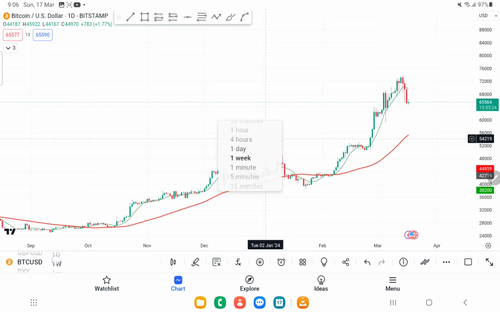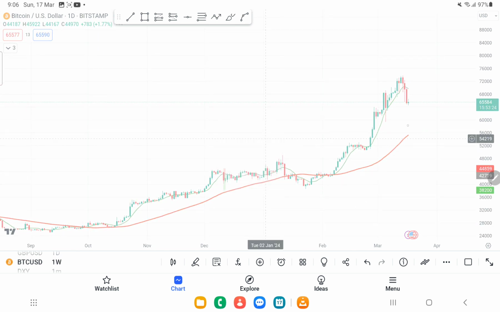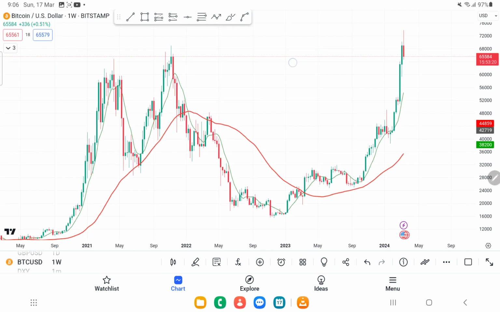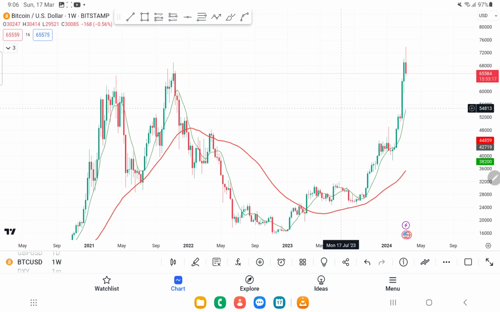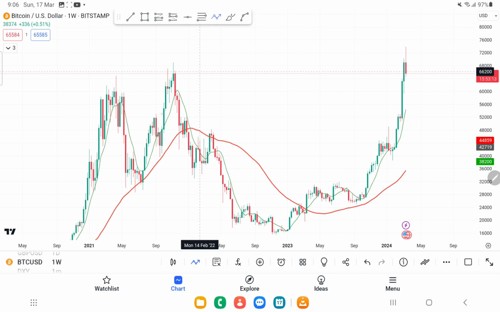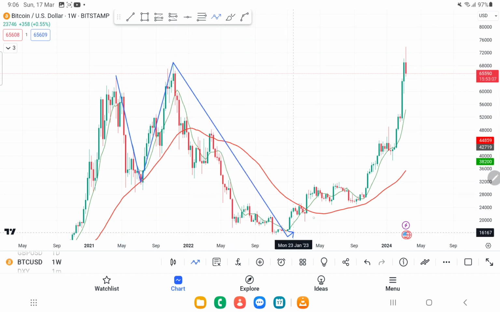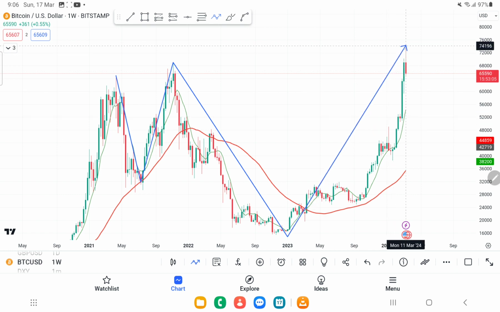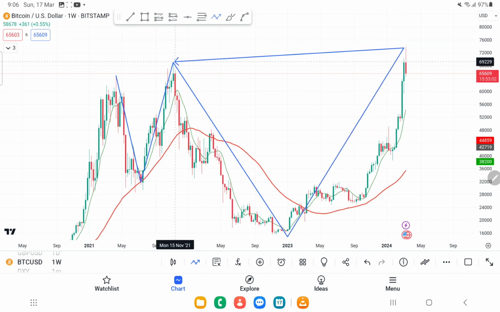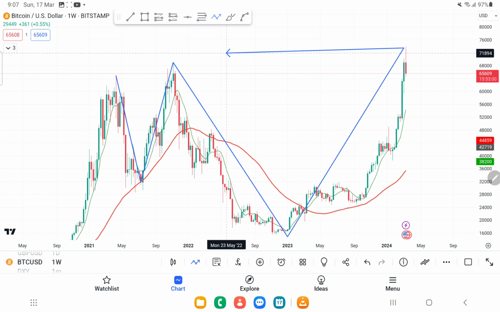So let's look at the weekly because I think we have more information there. Okay. So we've had this area here that was rejected around that same zone before we had this final push to create a new high that was higher than this previous high.